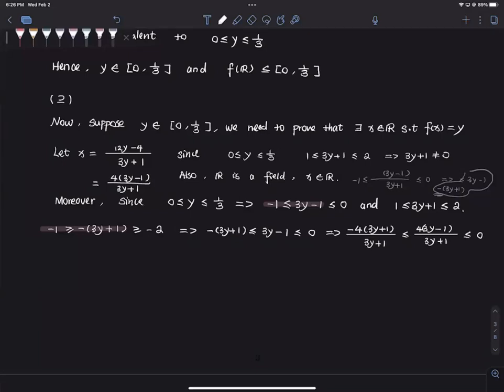Okay? How did you get the last inequality? Oh, this is because 3y minus 1 is greater than negative 1, but this is smaller than negative 1. You see? Like here and here. Combine those two. Where did the negative in the middle go? There's no negative because I'm saying this one is greater than or equal to this by combining those two.